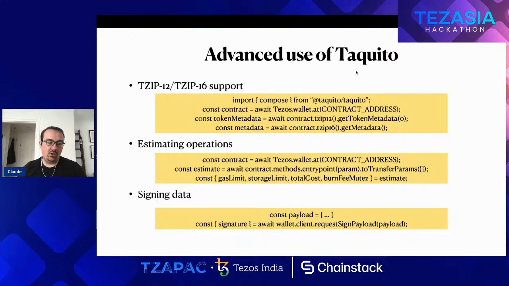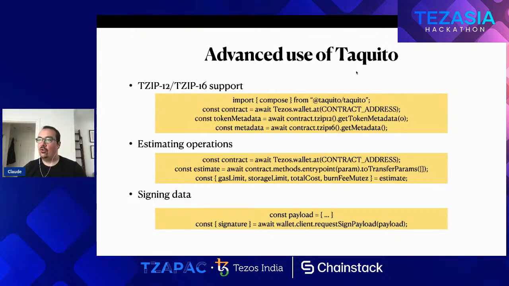And it's the same for the metadata. If you're reading a contract that implements the tzip16 standard, you're going to have a method called getMetadata, and Taquito is just going to parse the value and return it to you, so you can have access to the metadata.